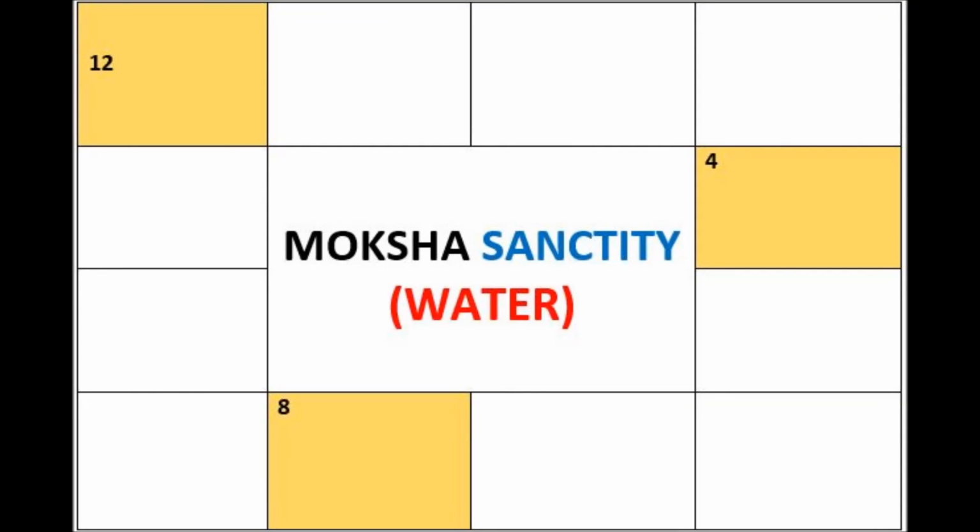So by just looking at the 4, 8, 12 houses, we can see if this person is a very sensitive person, or if this person has some kind of psychological problems, or if this person is really into mystical experiences like tantra or any form of voodoo or black magic, or maybe someone who's really into spirituality, someone whose feelings are always in the line of spirituality.